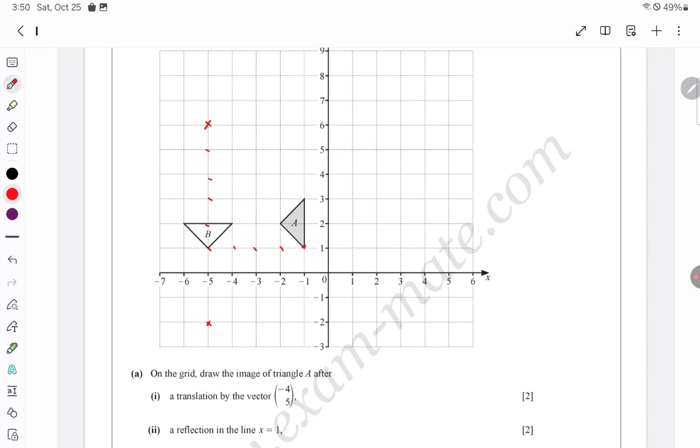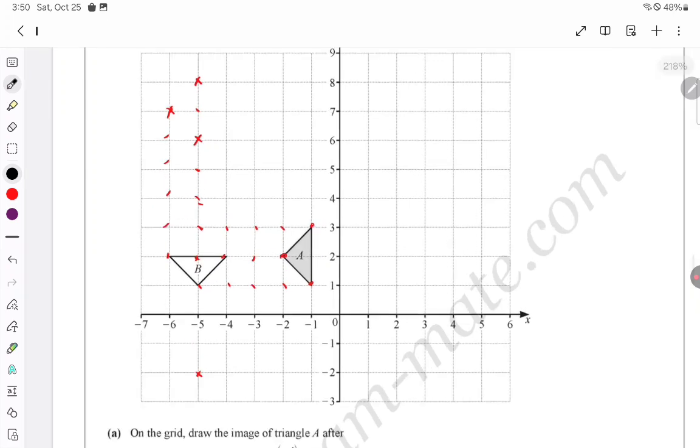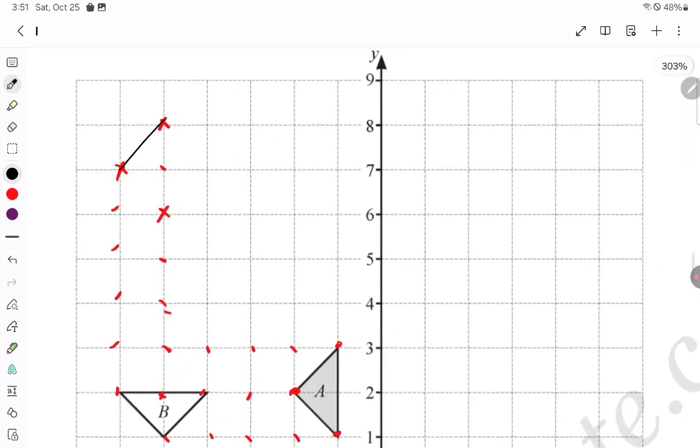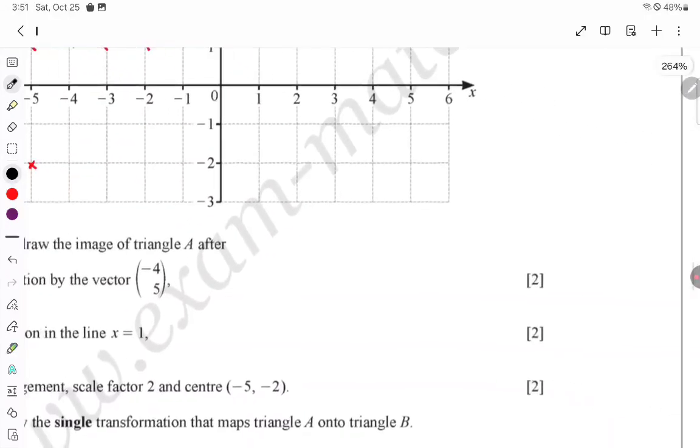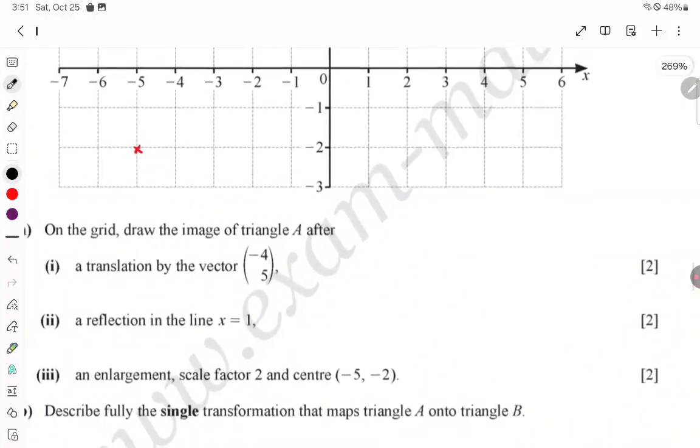For the second point, 1, 2, 3, 4, then 1, 2, 3, 4, 5. We get our second point. For the third point, 1, 2, 3, 4, then 1, 2, 3, 4, 5. We get all 3 points. Just join it. So this is our translation by vector (-4, 5).